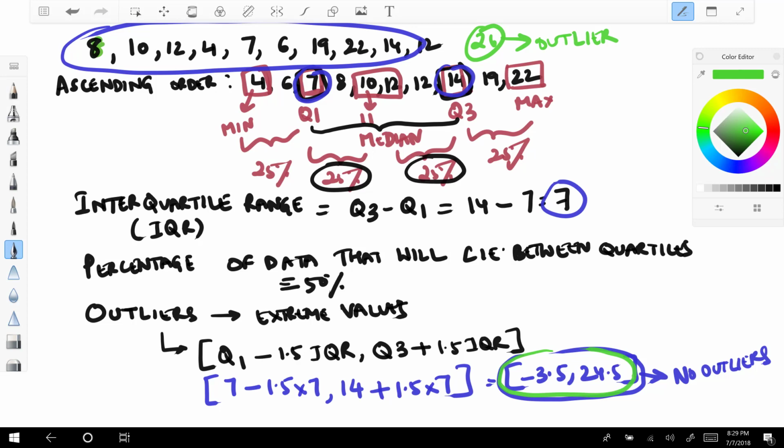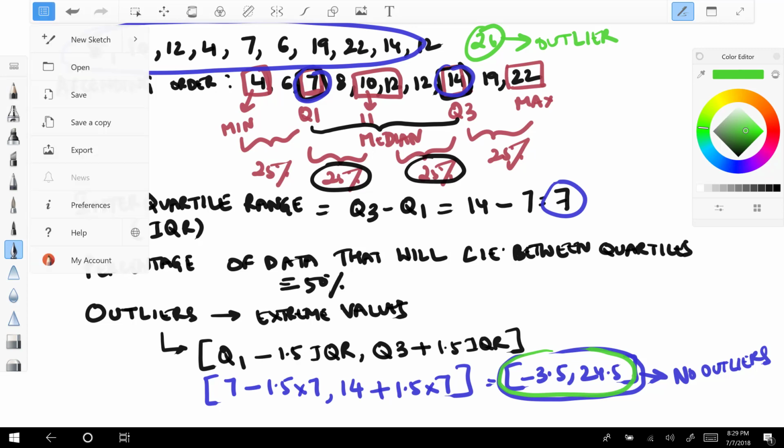Now, based on our 5-number summary, we can draw a box plot. So let me go to a new sheet.